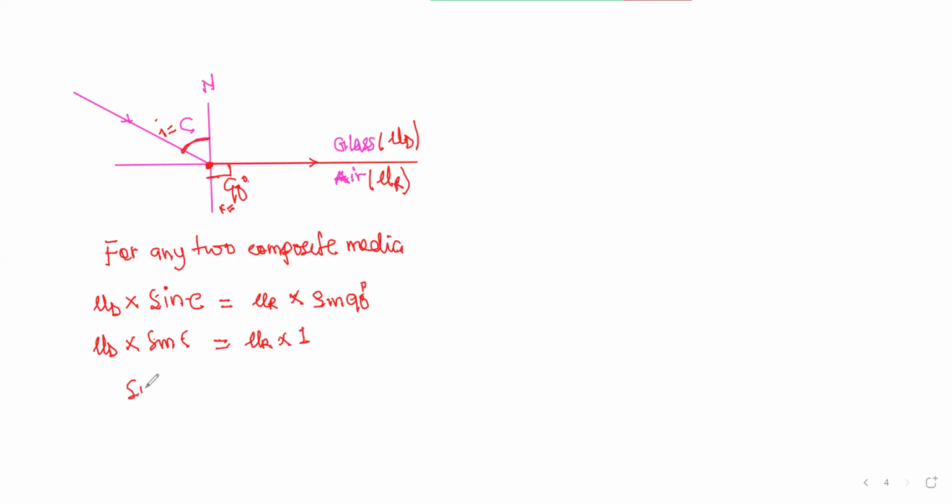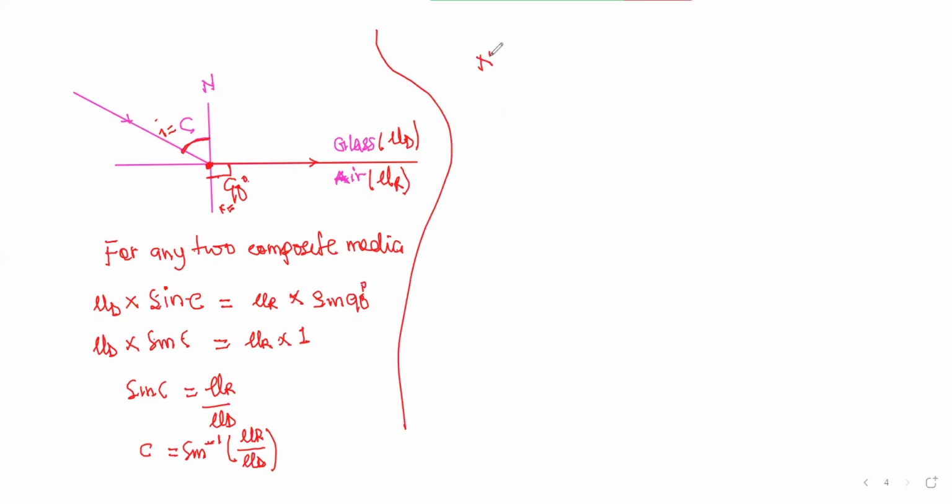Therefore, sine C is equal to mu R divided by mu D. Therefore, C will be equal to the sine inverse of this ratio, the refractive index of the less dense medium divided by the refractive index of the more dense medium.